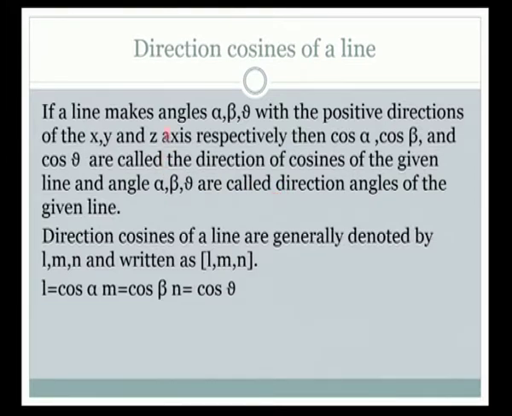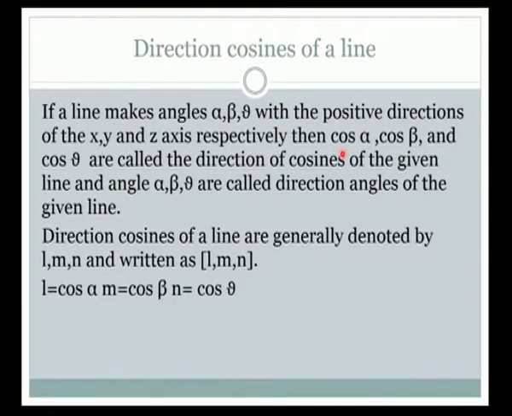So, from this definition, we learnt that direction cosine gives the cos of the angle made by the line with the x axis, then cos of the angle made by the line with the y axis, and cos of the angle made by the line with z axis.